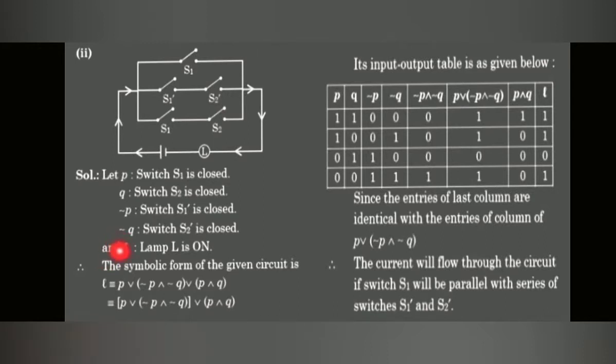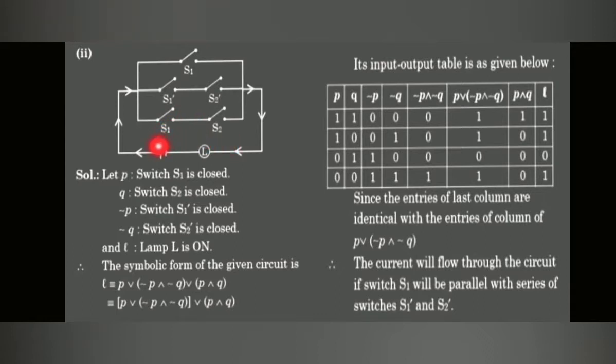Again, see here S1 means P, negation P, negation Q, P and Q. This switch is parallel to these two switches, so P, or these switches, written in bracket as negation P and negation Q. See here negation P and negation Q, or P and Q. These three switches are again parallel to these two switches.